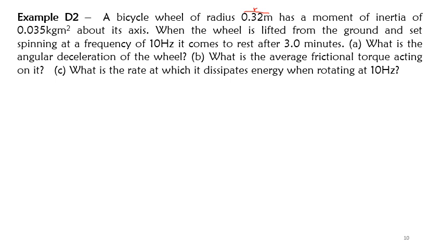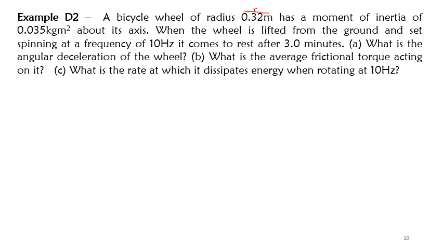Now, when the wheel is lifted from the ground and set spinning, maybe you use your hand and apply a force, the spinning frequency is 10 Hz. It comes to rest after 3 minutes.